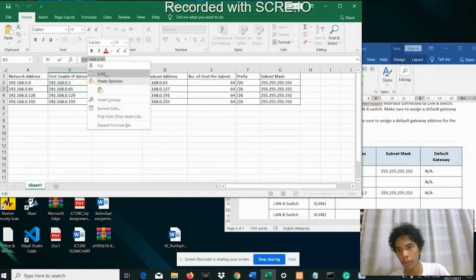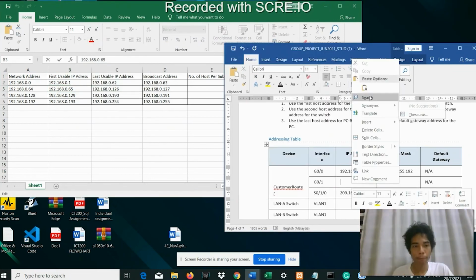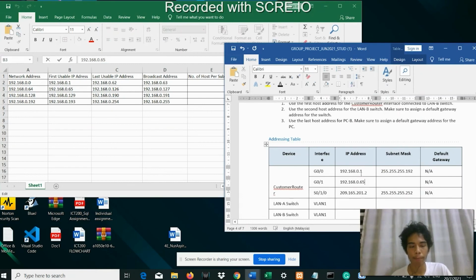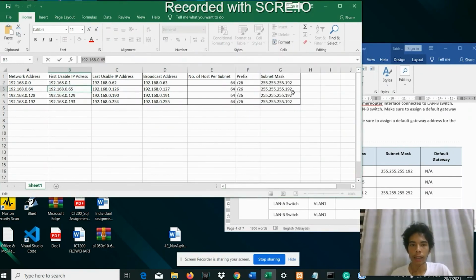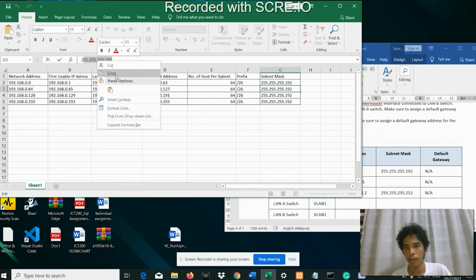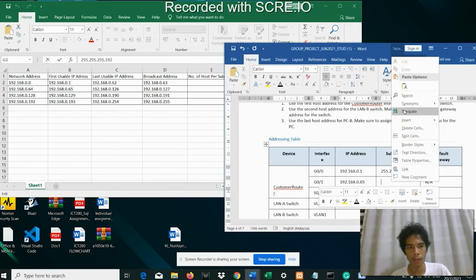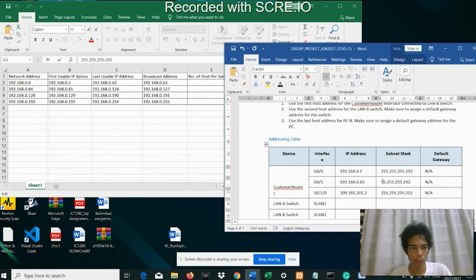Now we put it in here. And then the subnet mask is also the same. Oops, now put the missing two.